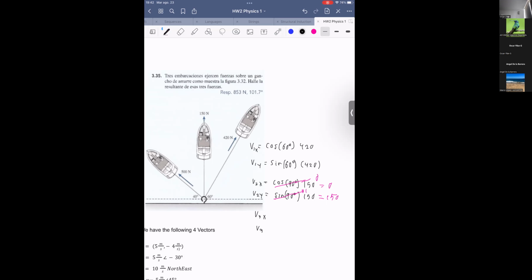B3x, B3y. B3x is going to be cosine of 40 times 500? Not exactly, because that's 40, but this is the angle 40.